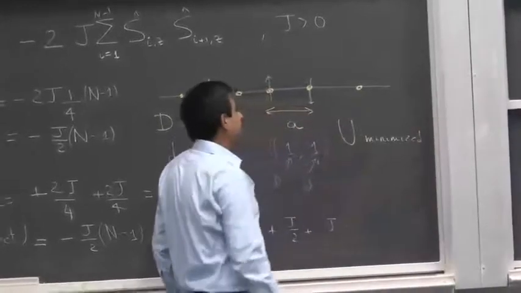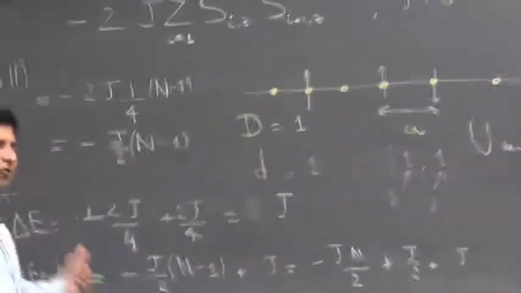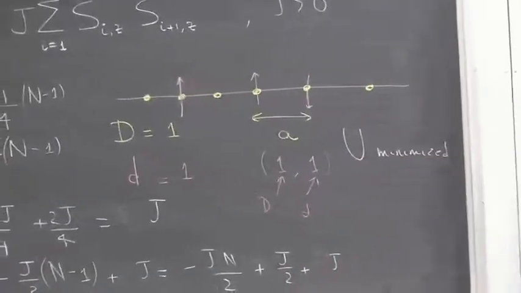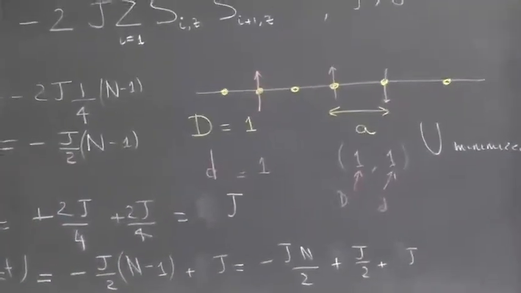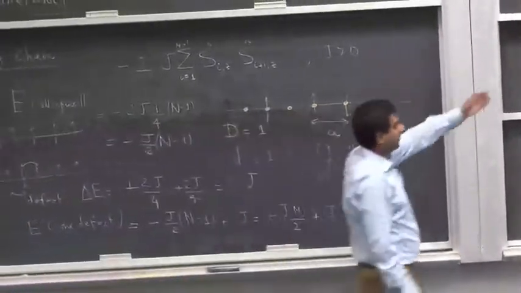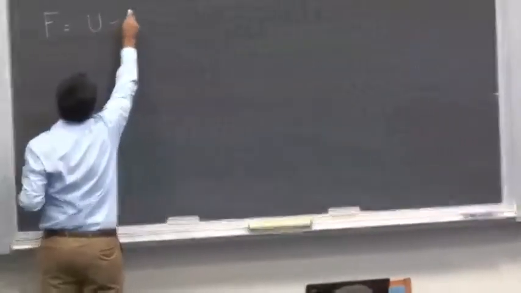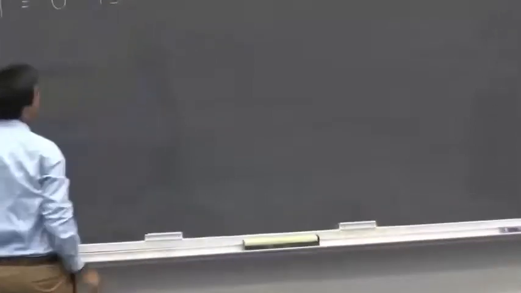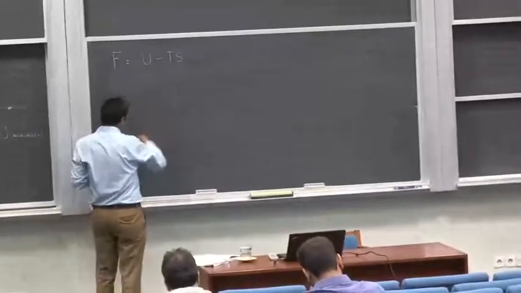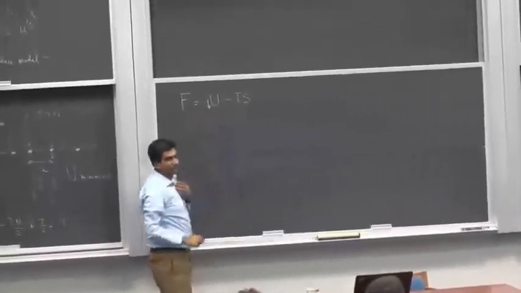The internal energy associated with this configuration is smaller, but that does not alone determine whether this state is to be preferred over this state. We have to consider the free energy, and the free energy is given by U minus TS. So ferromagnetism dictates that this energy is favorable.